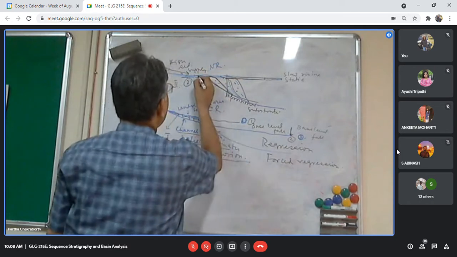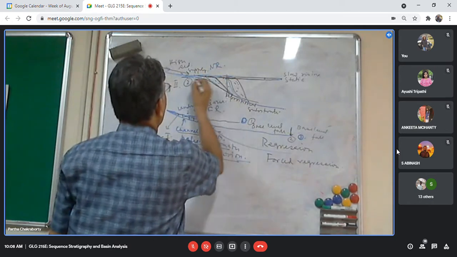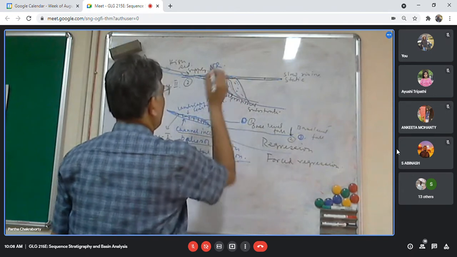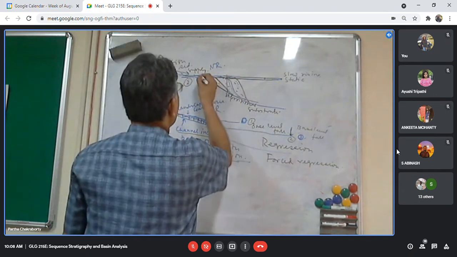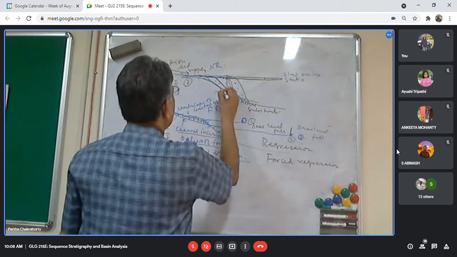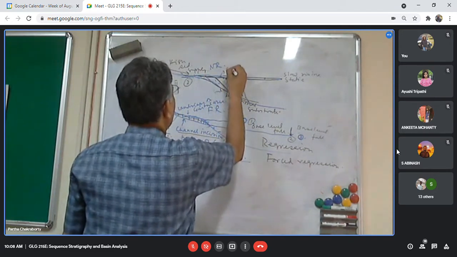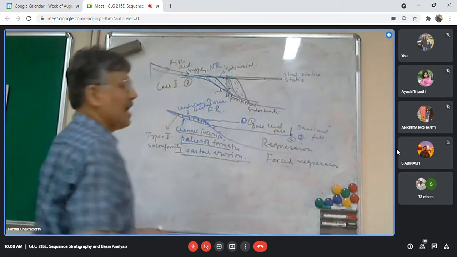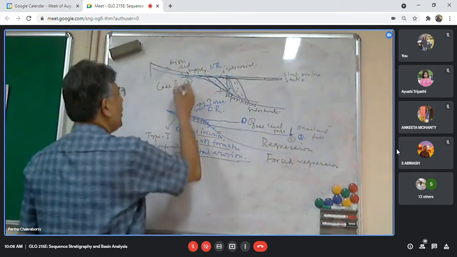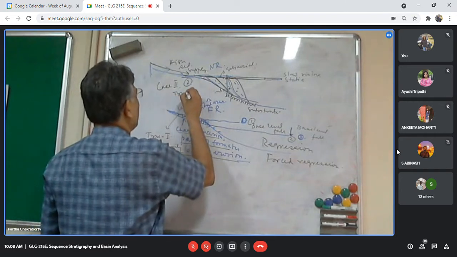At the top of it, I am getting an unconformity formation, because this surface has now risen and gone from subaqueous to subaerial.